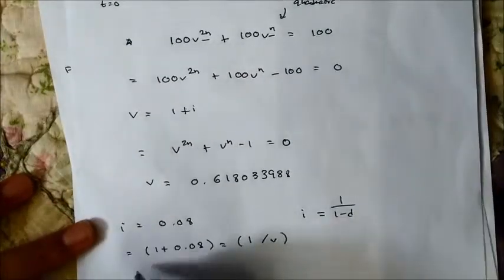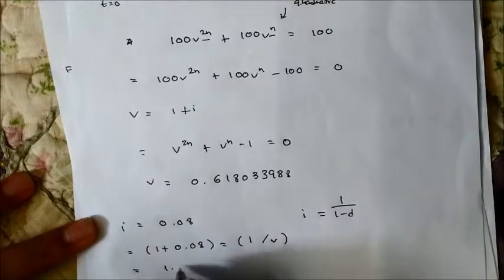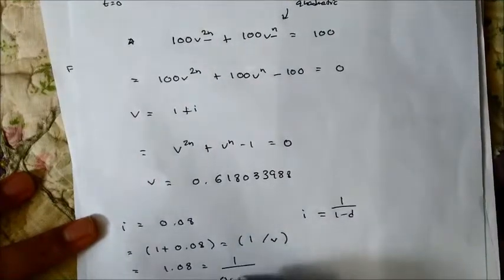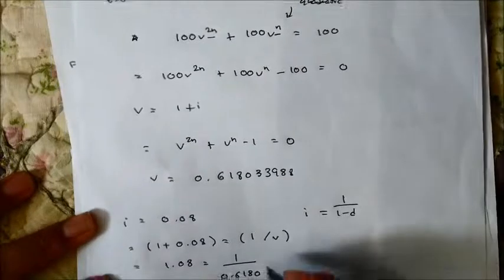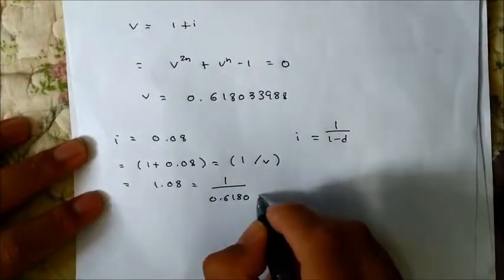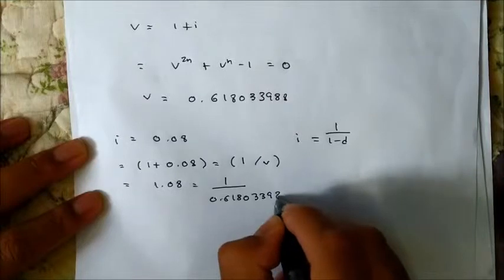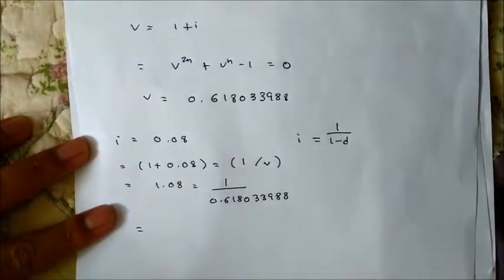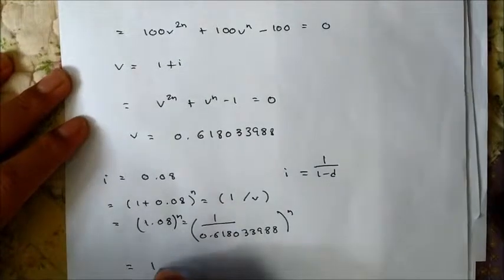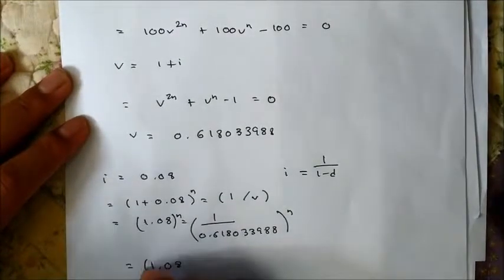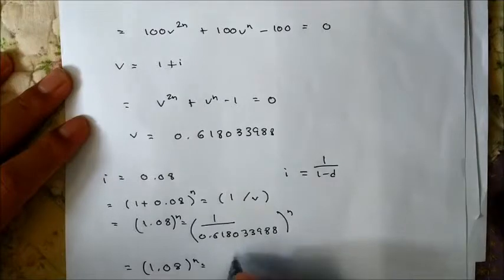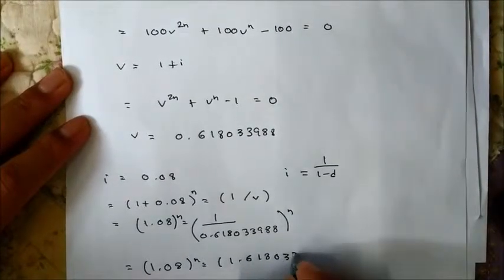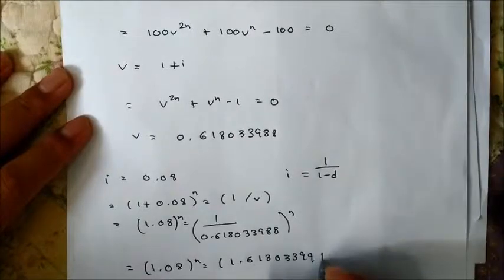Okay, so therefore 1.08 equals 1 over 0.618033988. So we will get 1.08 to the power of n, which equals 1.618033991.